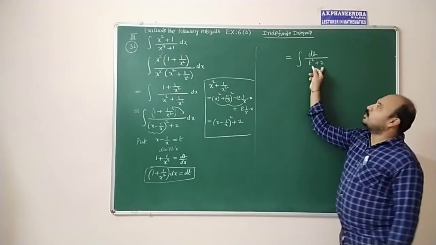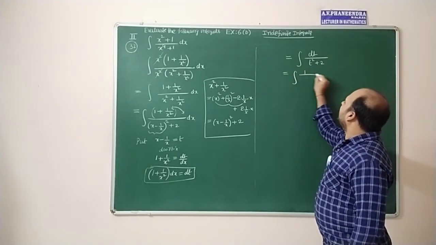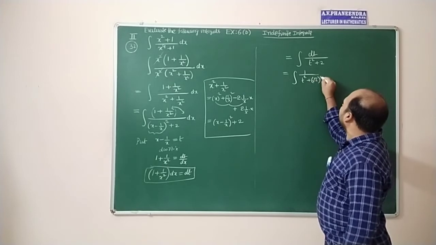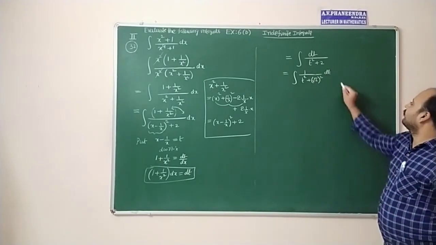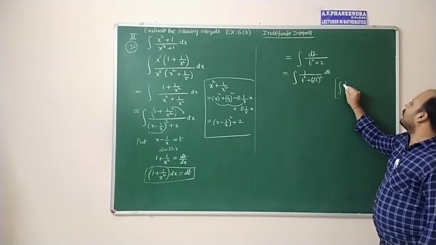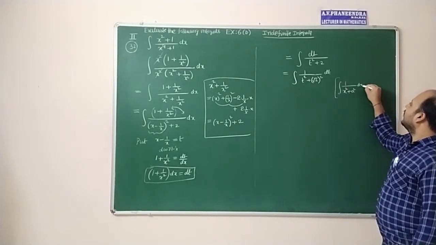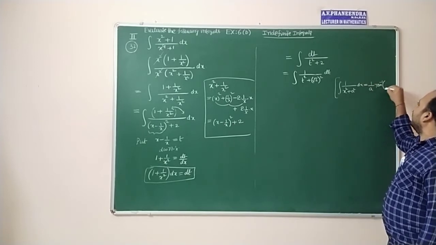In the next step, 2 can be written as (√2)². Integral 1/(t² + (√2)²) dt. We have the formula: integral 1/(x² + a²) dx equals 1/a tan⁻¹(x/a) + c.